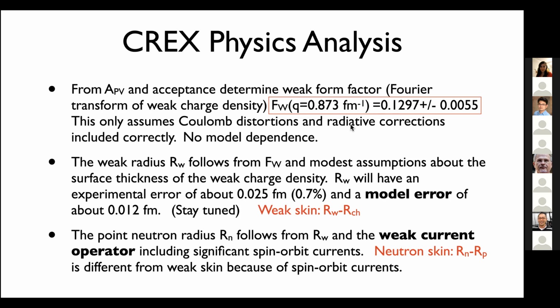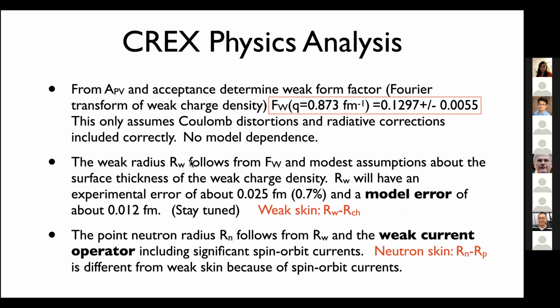If you want to go beyond that and extract a weak radius, there will be a small model error. So technically, the RMS radius is the derivative of the form factor at 0 momentum transfer.